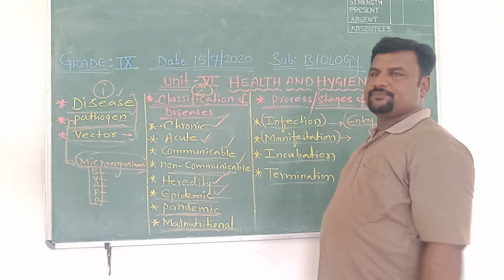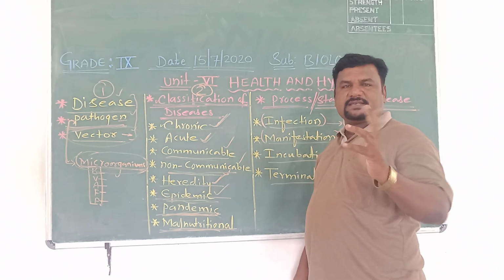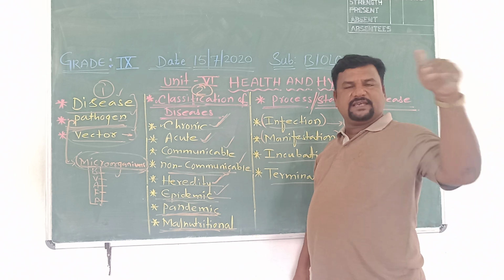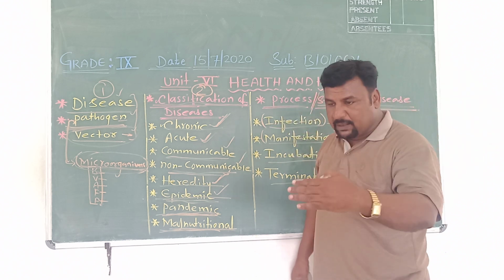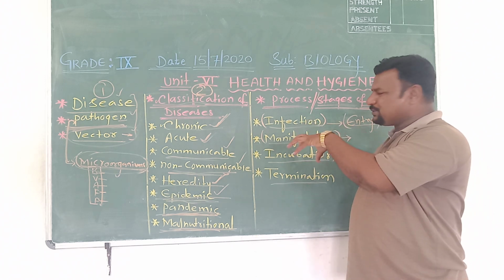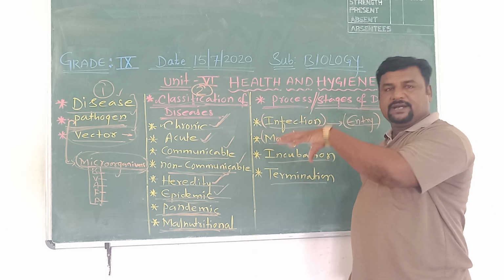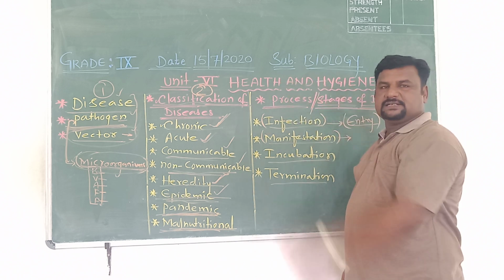Malarial pathogen, plasmodiums, when they enter into the body, what is their favorite place? First they settle down in the blood. From blood, later they move towards the liver. Like that, different pathogens select the site, their favorite place, and settle down there.